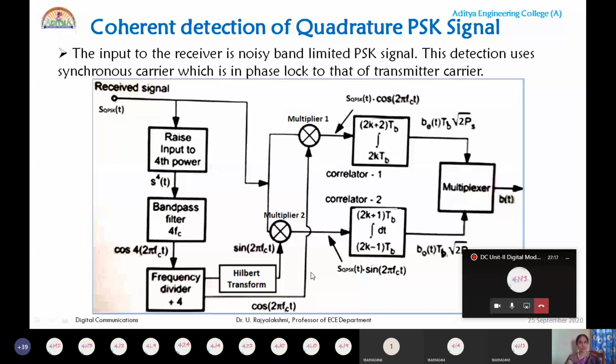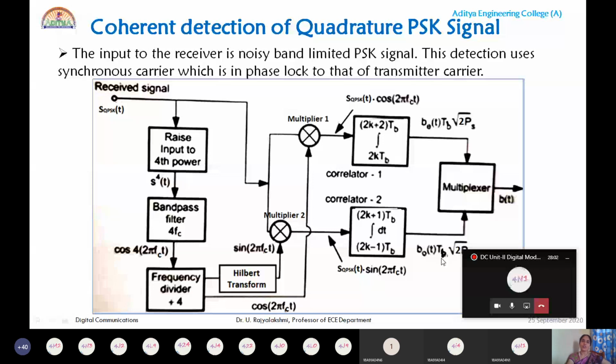So that's why you will get the output from correlator 2 as the odd sequence, because here you multiply with the quadrature carrier and integration is performed for odd intervals. So you will get the odd sequence Bo(t) × TB × root 2Ps.